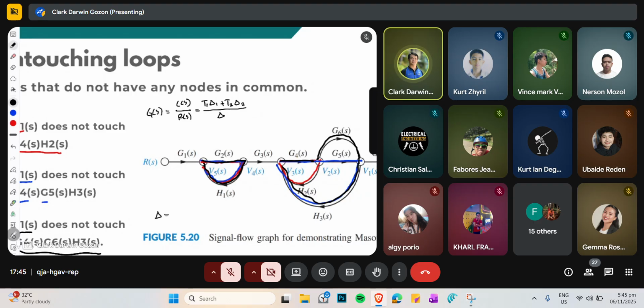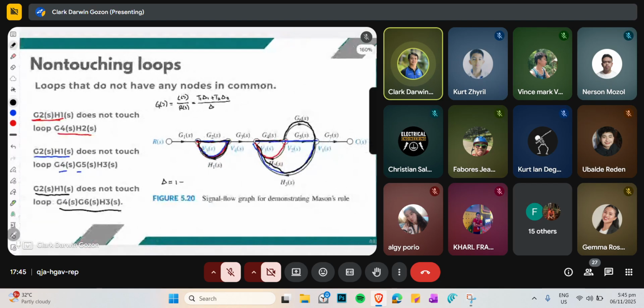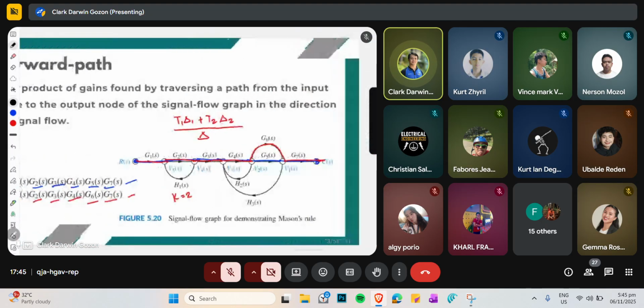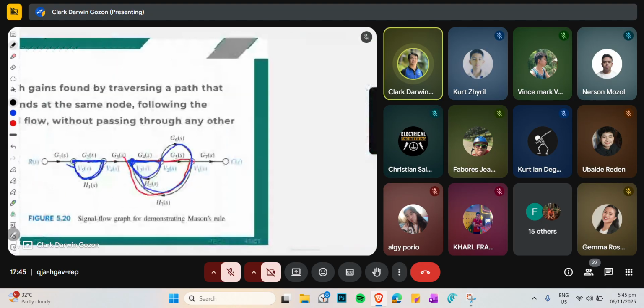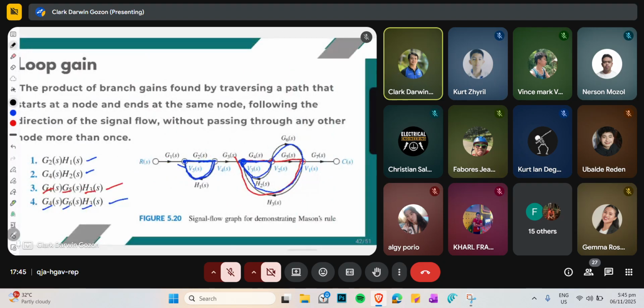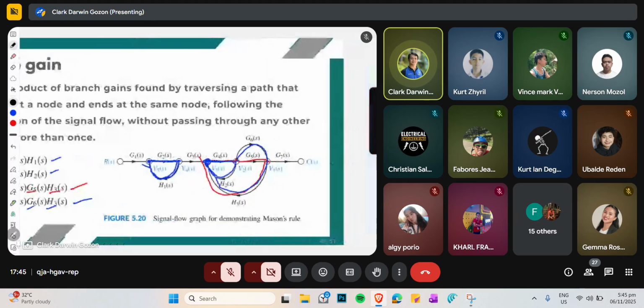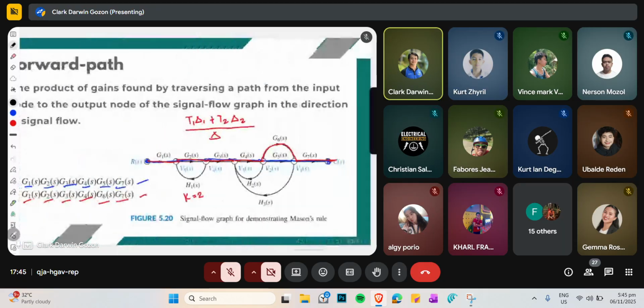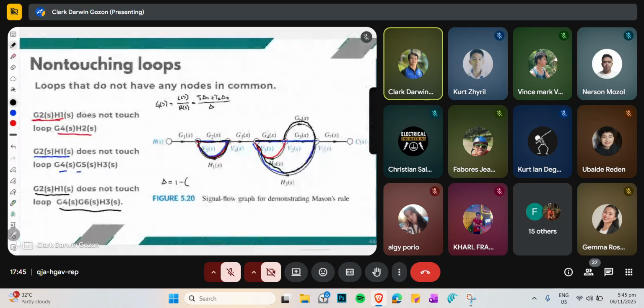Delta is equal to 1 minus, add all the loop gains from earlier. These are the loop gains.